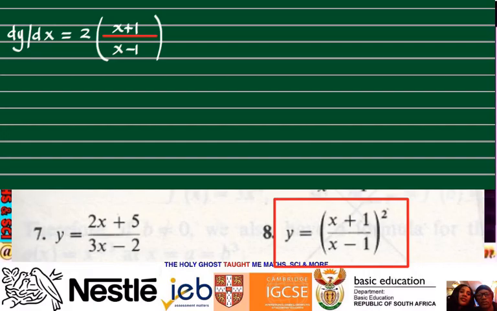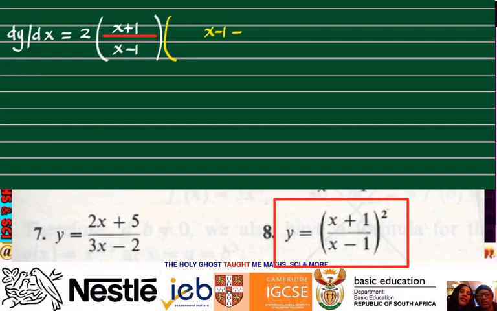Then we say times by the derivative of what's inside. What's inside? It's quotient rule. I derive the top, so it's going to be 1. I'm going to times it by the bottom, so it's going to be, well, anything times 1 remains as it is, so it's going to be x minus 1.